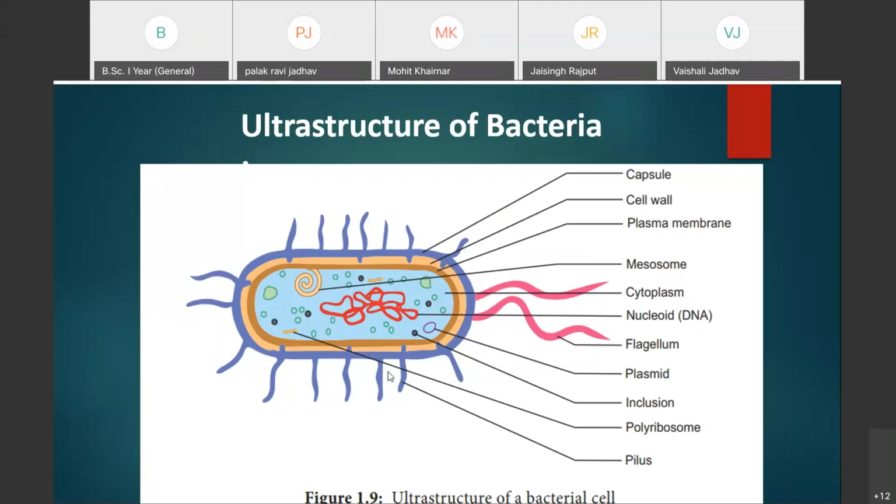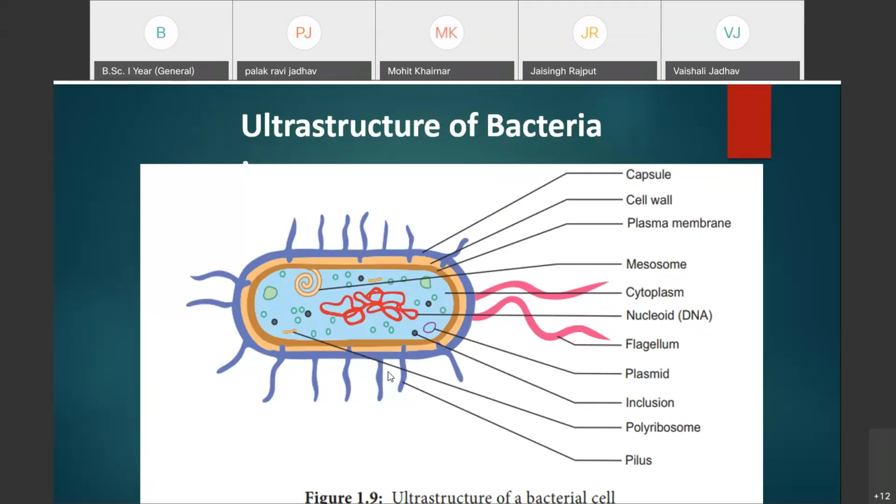To study the cytological details of the bacterial cell, it is important to observe it under the electron microscope, which has very high resolution, using some specific staining techniques.